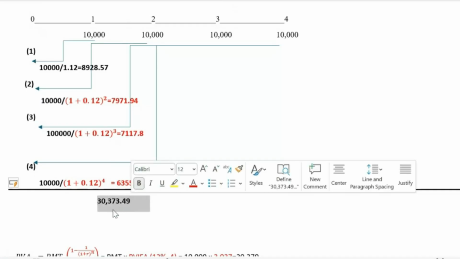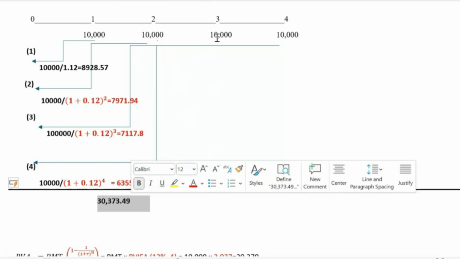You deposit this amount today. After a year, how much will it grow? It grows 12%, right? Then you take 10,000 out and leave the remaining money there. It will earn 12% until it reaches year 2, then you take $10,000 out.